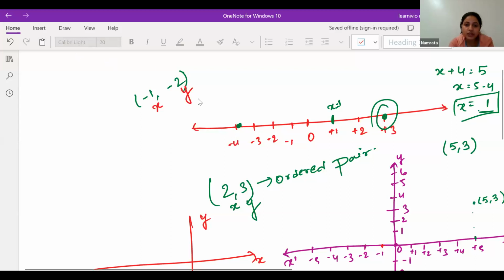Okay, so here a few points are marked in the question and we have to write the coordinate of those points.